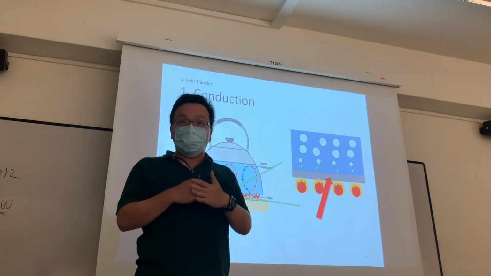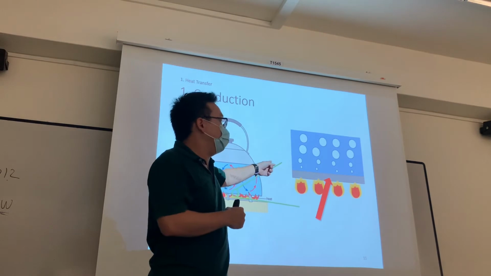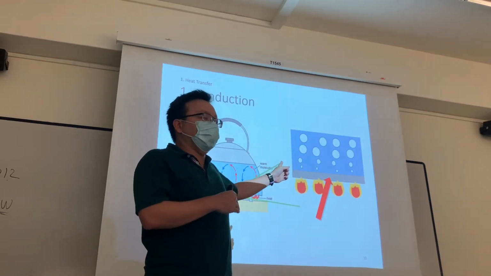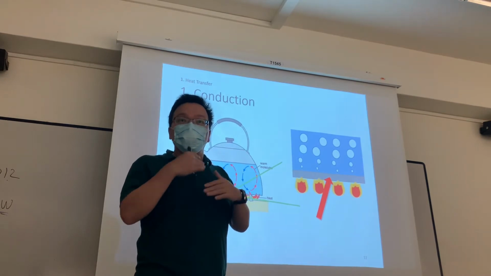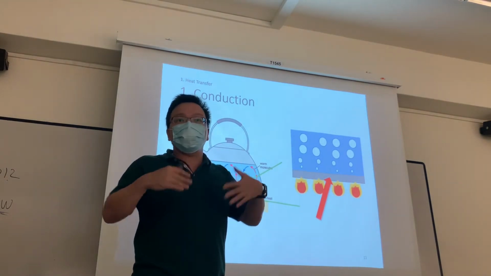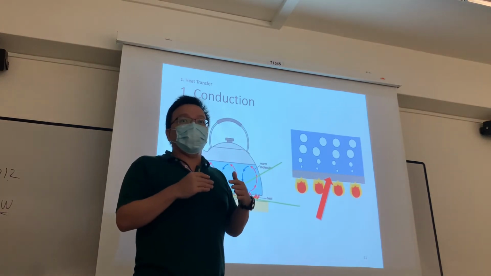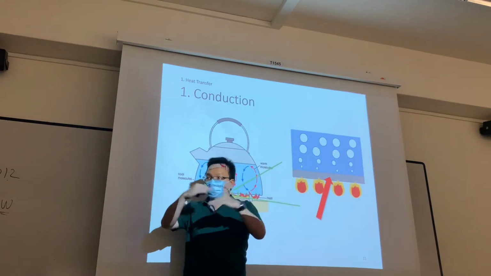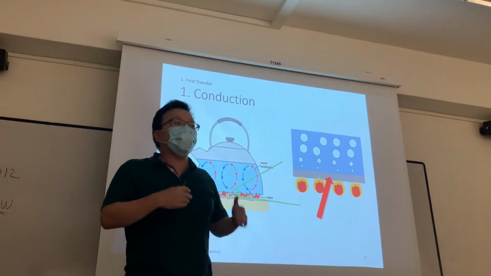So please understand that. What's the point I'm trying to make? That conduction can also occur together with convection. It's not going to be just conduction all the way. So be aware that you can stack conduction and convection, depending on the scenario. They can exist together.